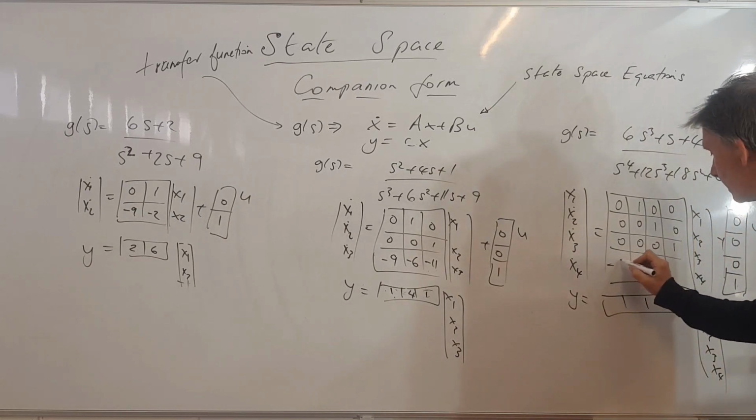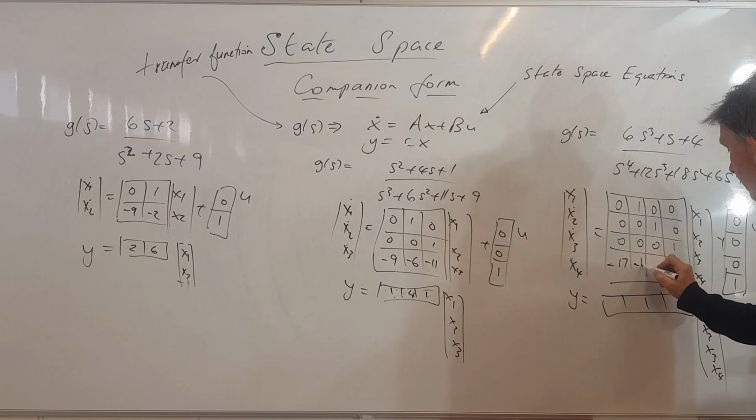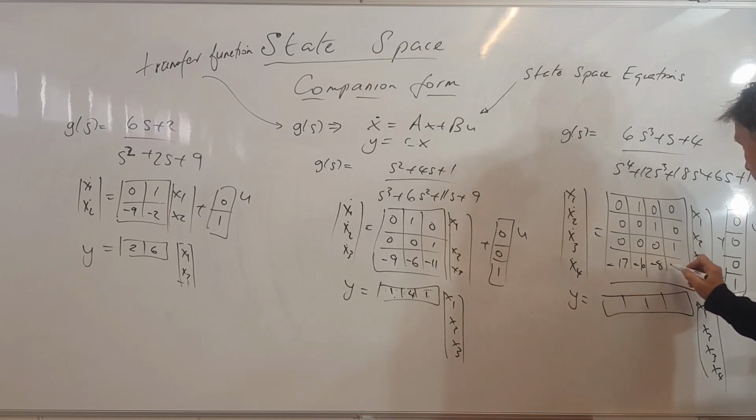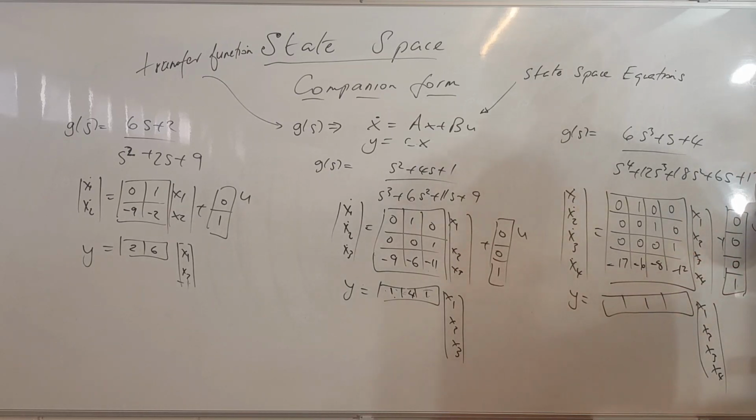So this will be minus 17, minus 6, minus 18, minus 12, in that order. Then the numerator numbers go in reverse order: there's a 4, and there's a 1, now there's no s squared, so that's a 0, and there's 6 of the s cubed term.